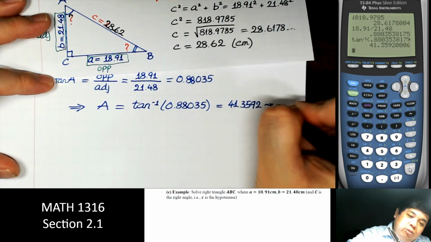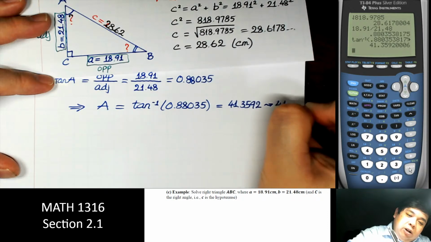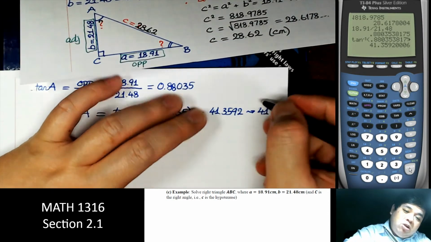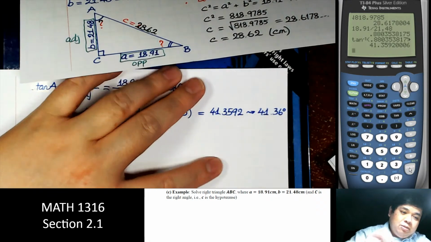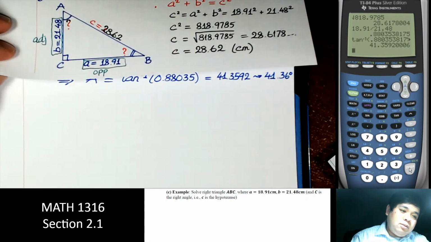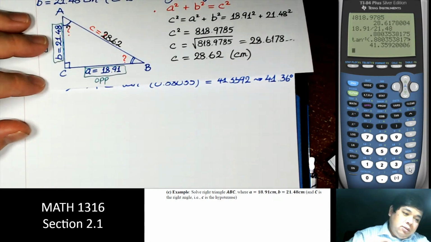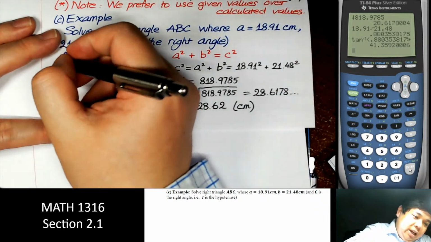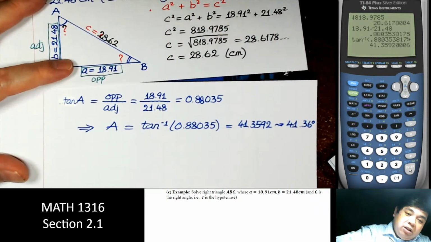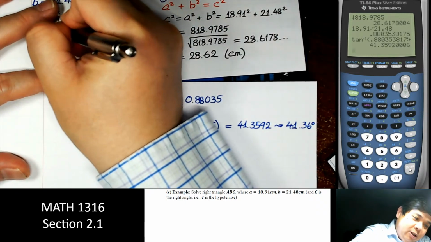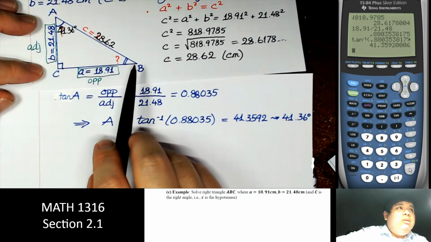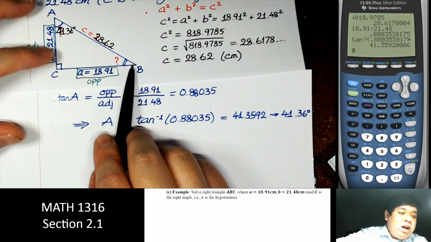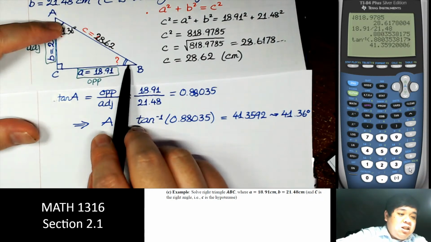Let's just round to 41.36 degrees. So A is the calculated number, 41.36 degrees. And the remaining angle B, we can just subtract from 180.